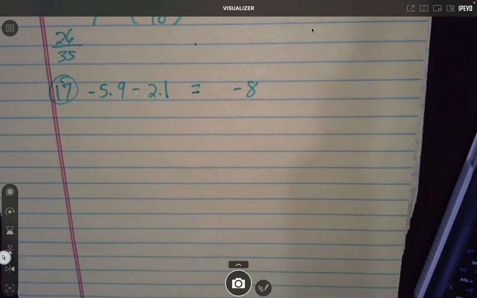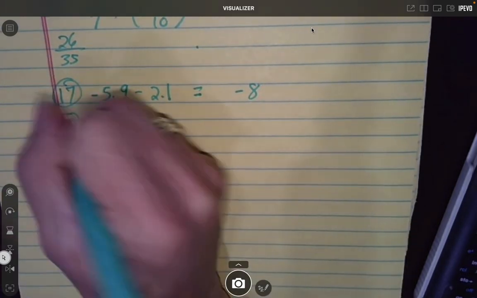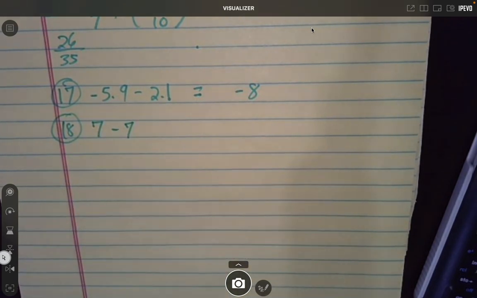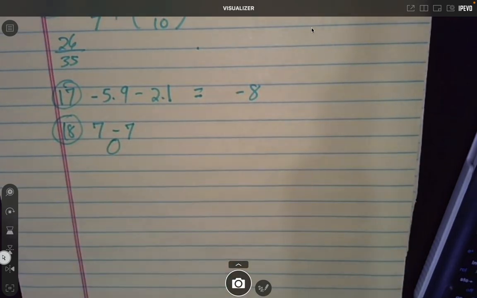There is one like 17 on there. Okay. Number 18. It's 7 minus 7. What is 7 minus 7? Yep, I heard somebody say it. It's 0. Okay? It's just 0. I don't see one like that on there.